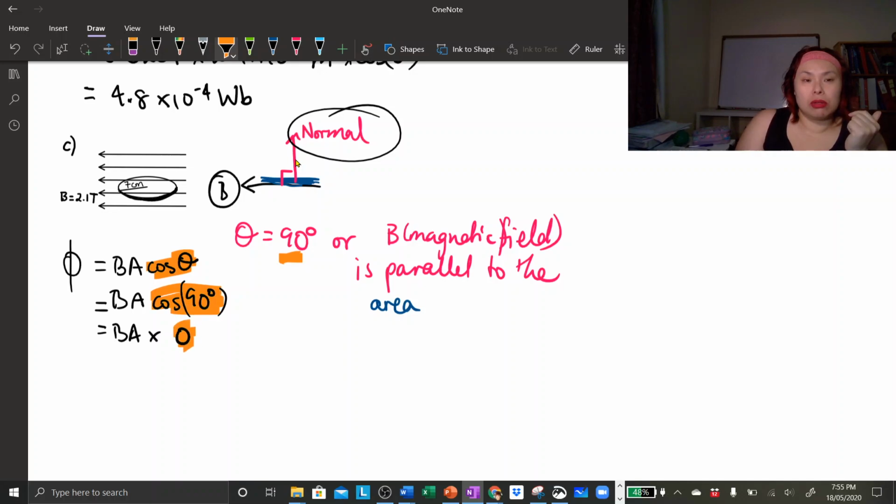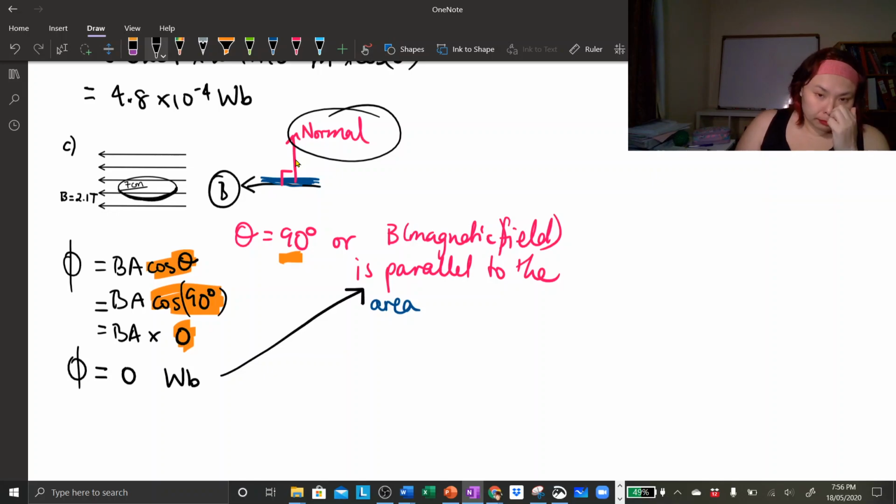So as a result of that, our magnetic flux is 0 Webers. And it's because the magnetic field is parallel to the area, or the angle between the normal and the magnetic field is 90 degrees.